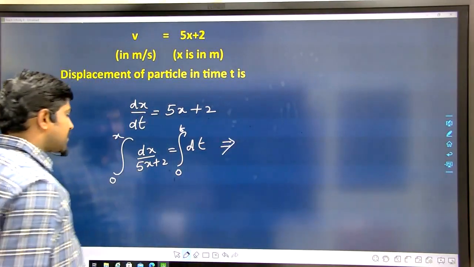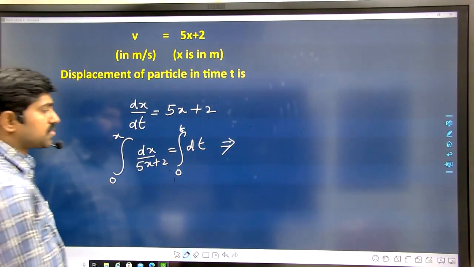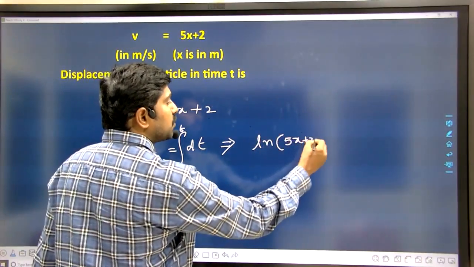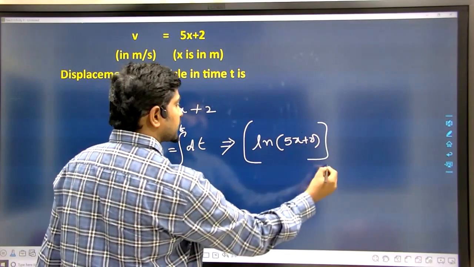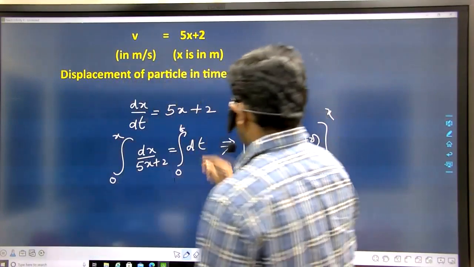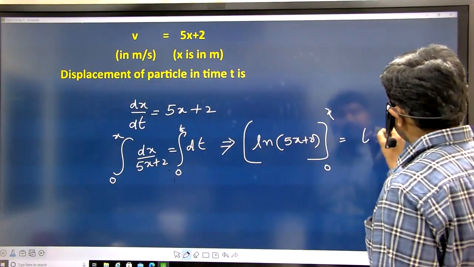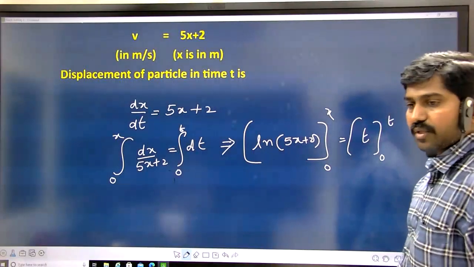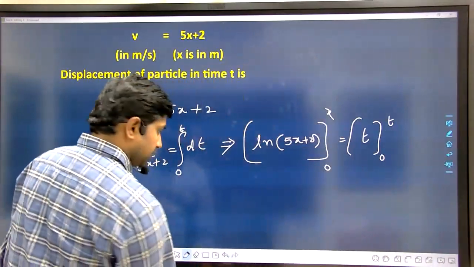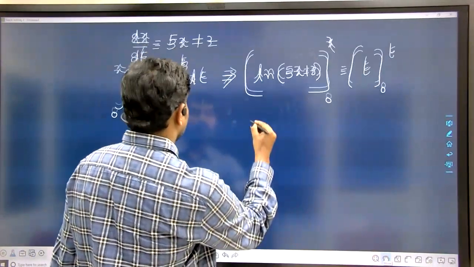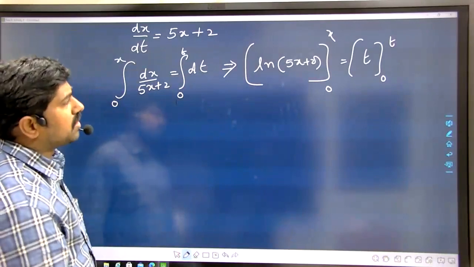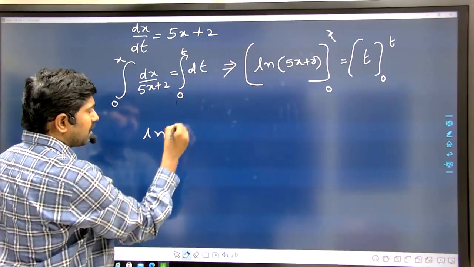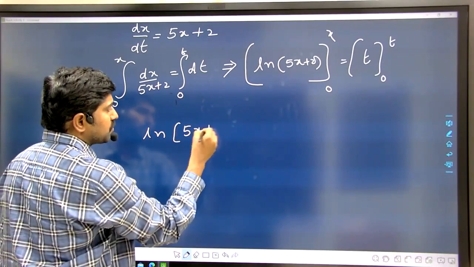Now, what is integration for dx by 5x plus 2? That is log of 5x plus 2 from 0 to x, and integral dt will be t, and of course it is also from 0 to t. Now, if you substitute upper and lower limits here, when you substitute x here, you will have only log of 5x plus 2.